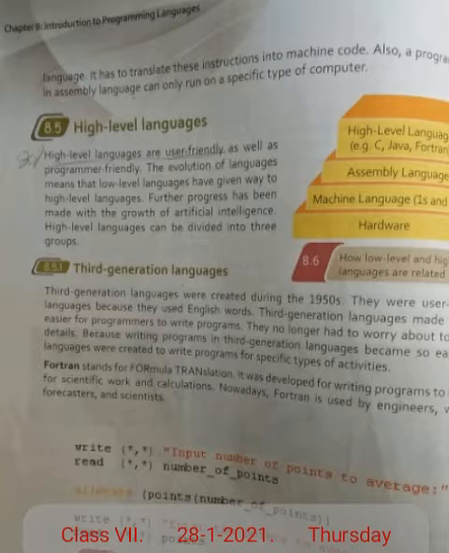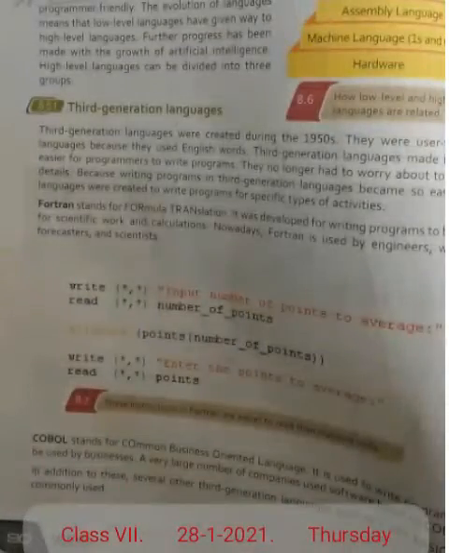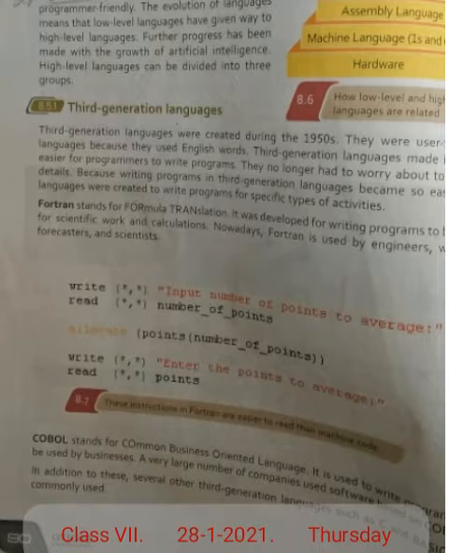Third generation language was created during the 1950s. They were user friendly languages because they use English words. Mainly, the third generation language is used for business purposes or scientific research. There are two third generation languages, which include Fortran, which stands for Formula Translation, and COBOL. COBOL stands for Common Business Oriented Language and is used for business purposes.